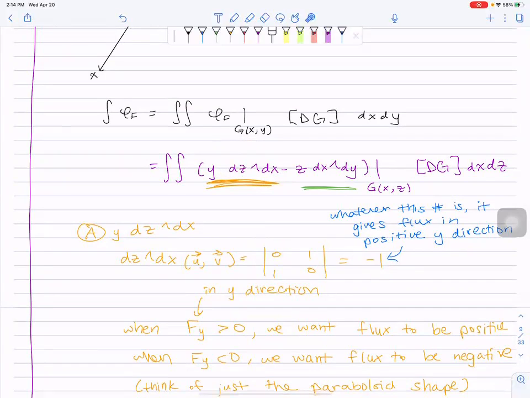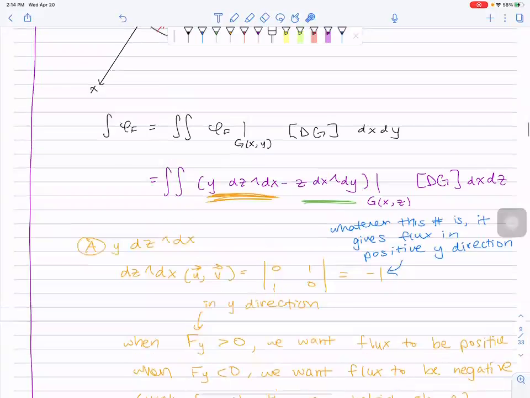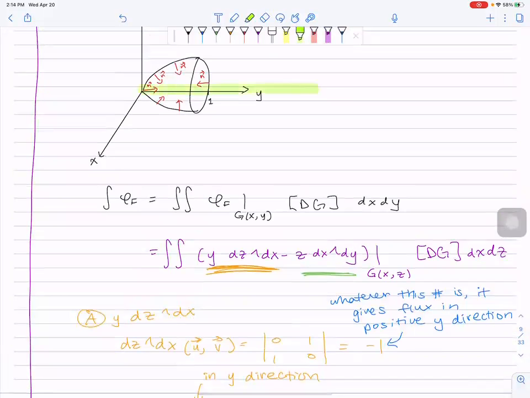But what variable is not here in the z and x? We don't have a y. Doing this tells us that if we go in the positive y direction, then the flux is going to be -1. So going in the positive y direction this way, our flux is -1. But the question said that positive flux is pointing inward.